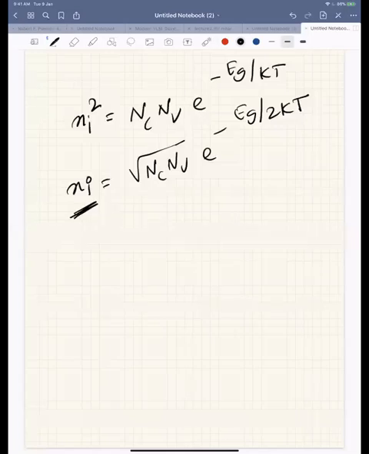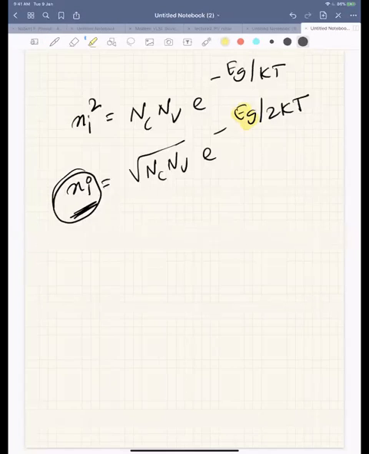So this is the intrinsic concentration of electrons, and you see the intrinsic concentration of electrons depends on the band gap. If your band gap is low, there is more probability that an electron can go from the valence band to the conduction band, because the energy difference between the conduction and valence band is small. If they are very close to each other, with a little bit of thermal energy or some energy from external sources, the electrons can go to the conduction band from the valence band.